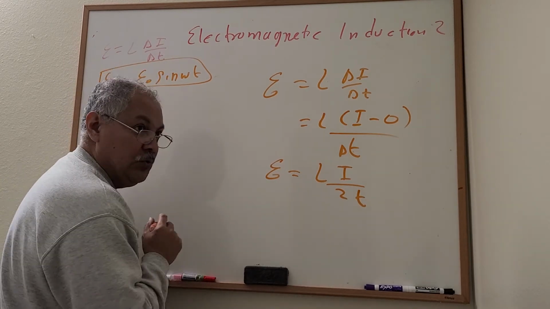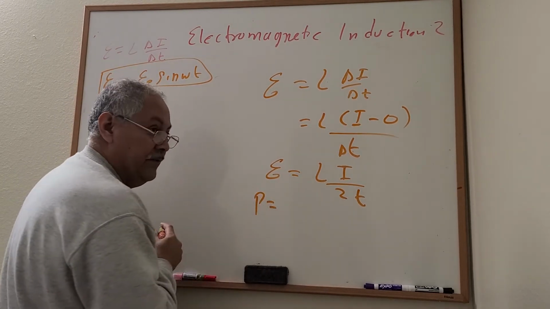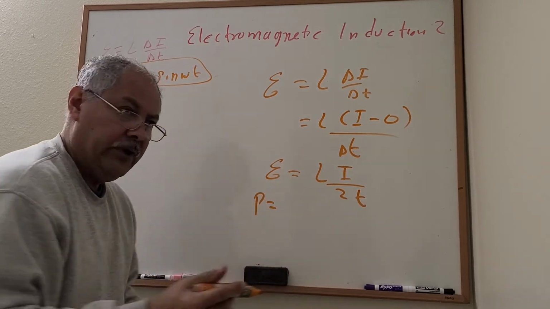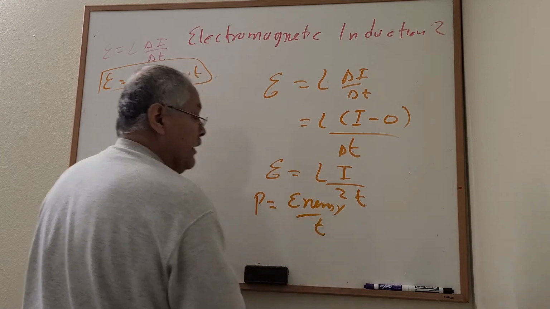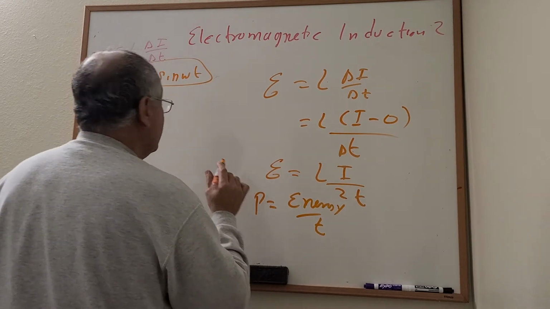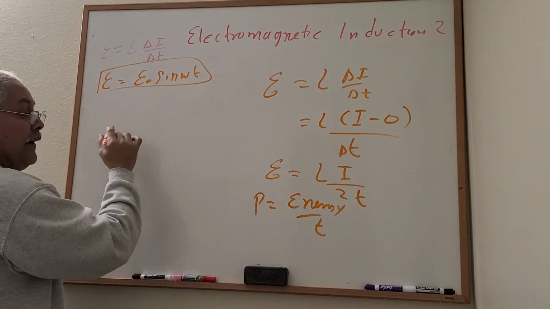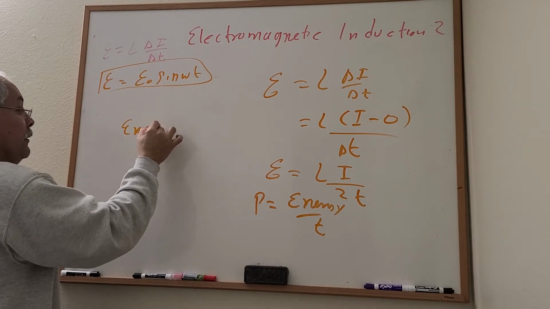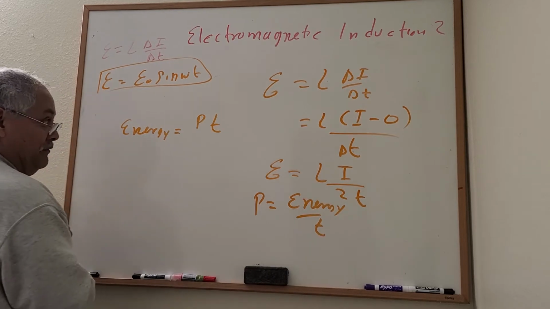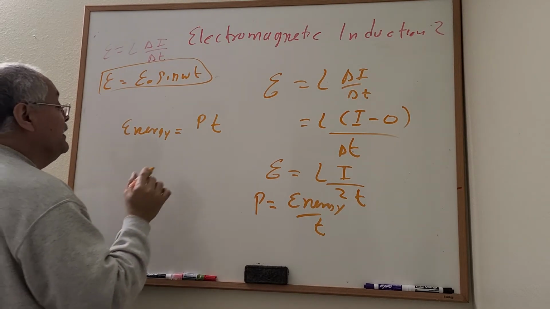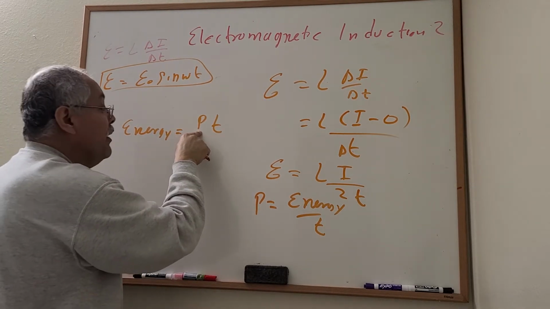Energy is related to power. Power, remember, is defined as work, we can use work or we can use energy, per time. In this case, we can say that energy is equal to power times the time, correct? Okay, perfect. Now, but how do we define power?